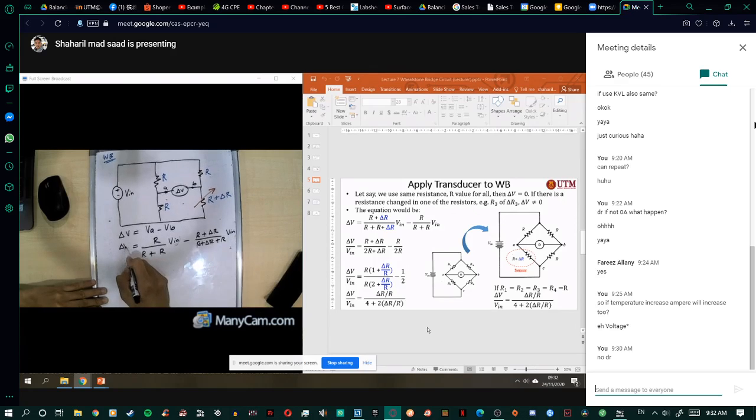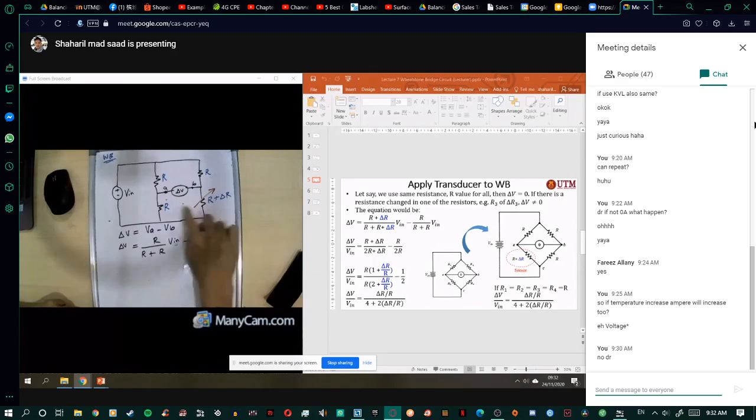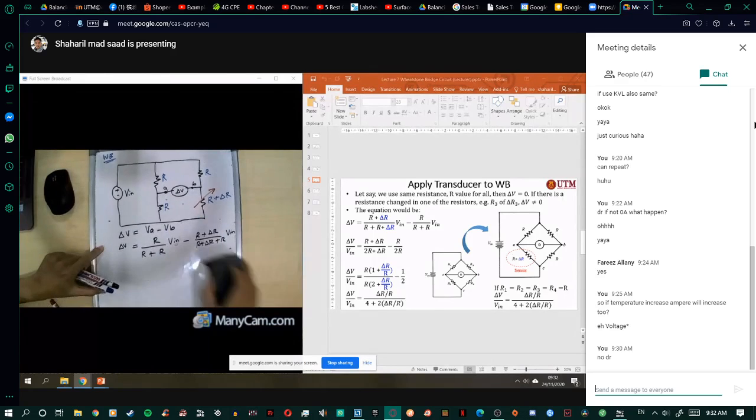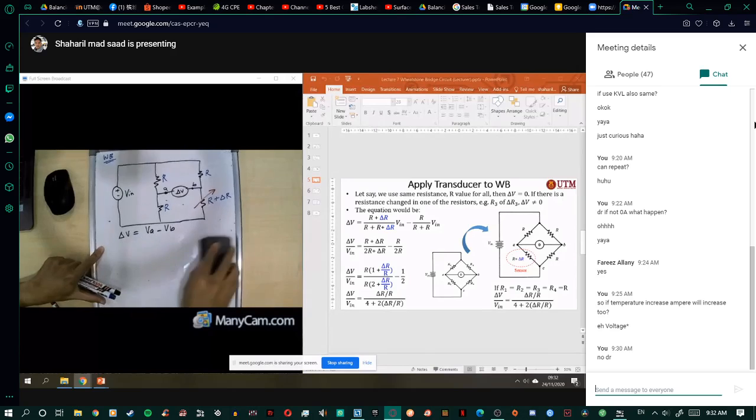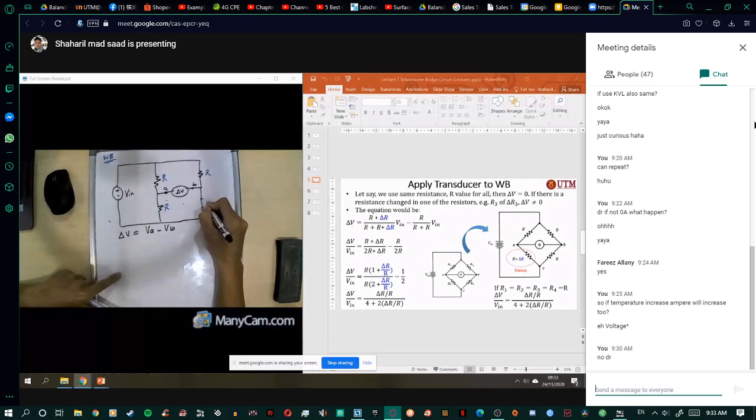So this one is delta V. Okay. It's different from this slide, because on this slide I put delta R here, to make it easiest. So let's just follow the slide.